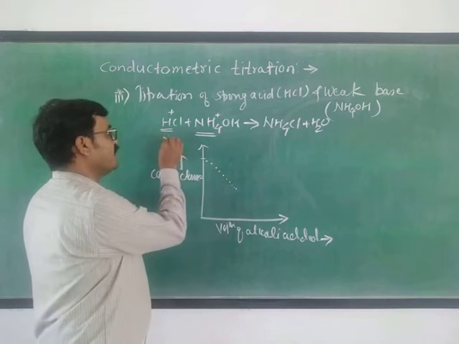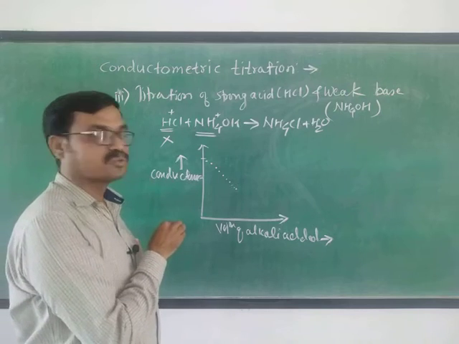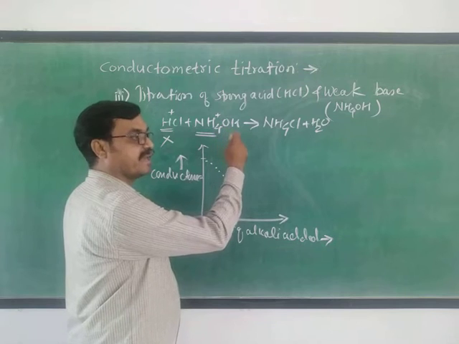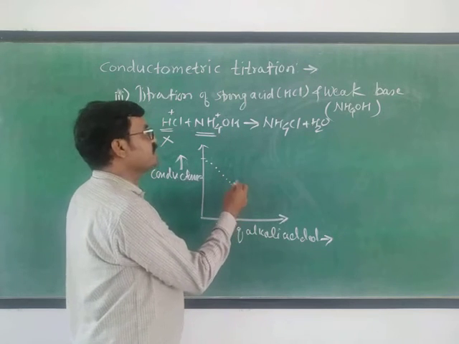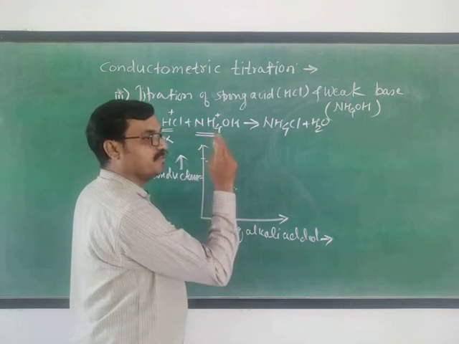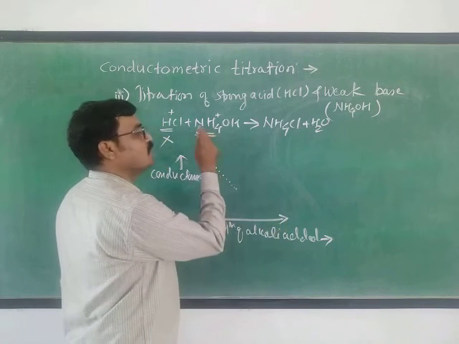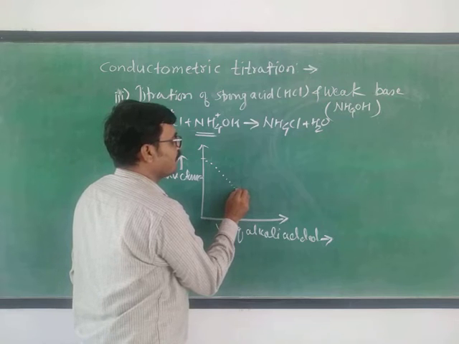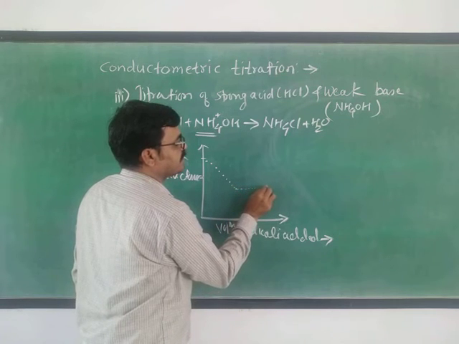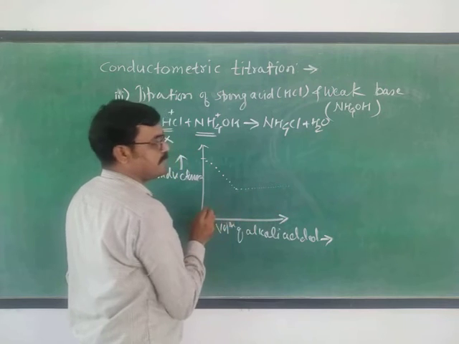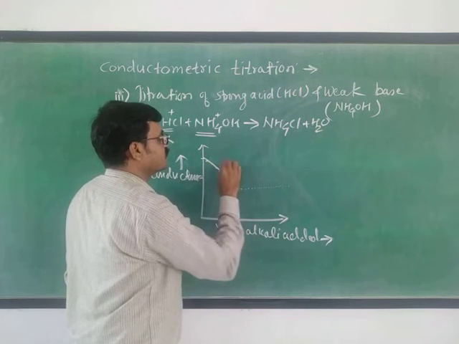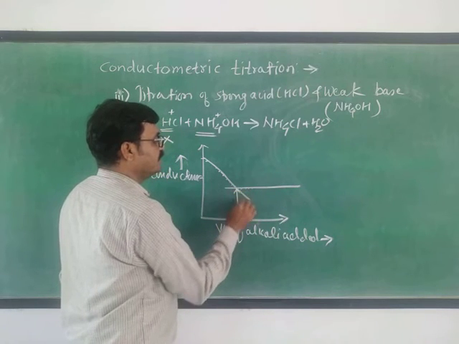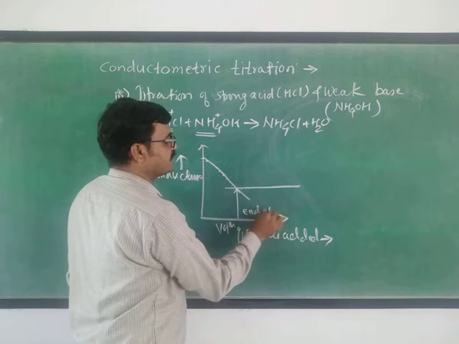And as soon as all this HCl gets consumed or neutralized, what happens? Still NH4OH continues to be added. This NH4OH is a weak base. That's why this low ionization of NH4OH causes no appreciable change, means conductance is near about the same. And if we extrapolate these two lines, the intersection of these two lines will be the end point of this titration.